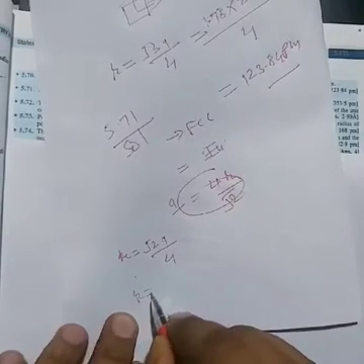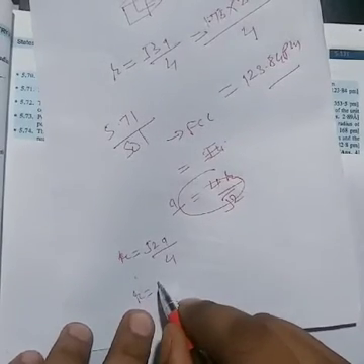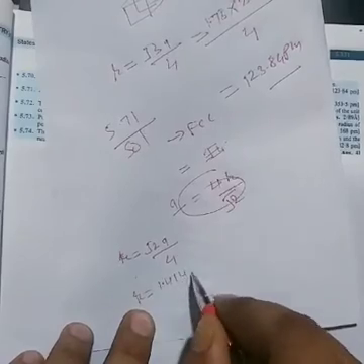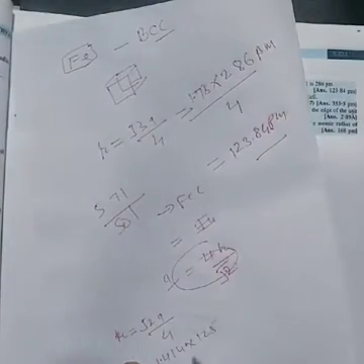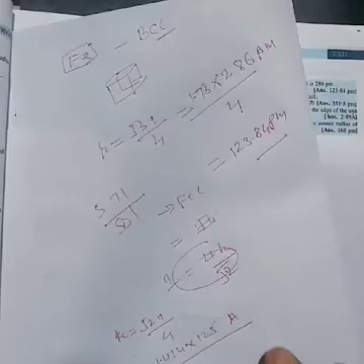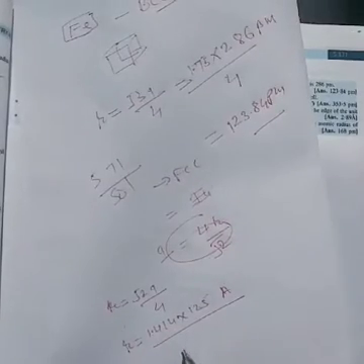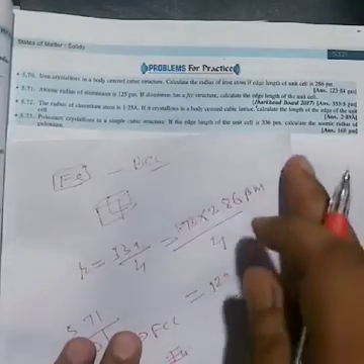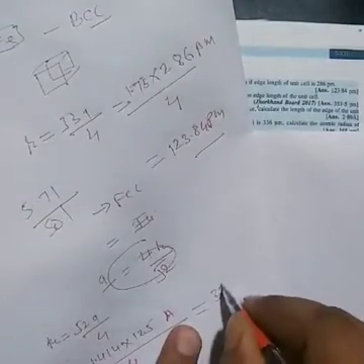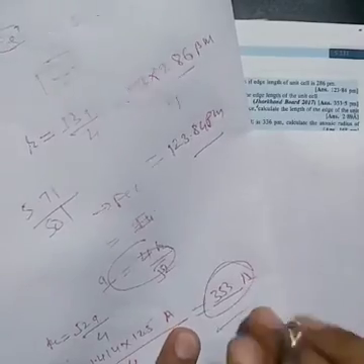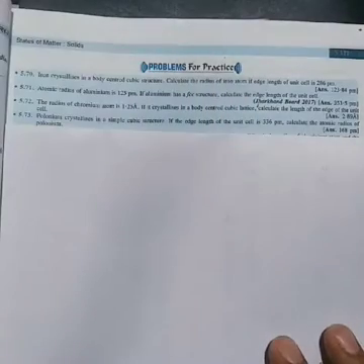Now put in the value only. Under root 2 value is 1.414 into how much, 125 angstrom, and upon 4, how much, students? Now the answer is on your right side, 353 angstrom. So here it is very important, students.